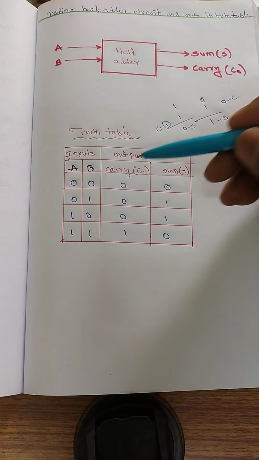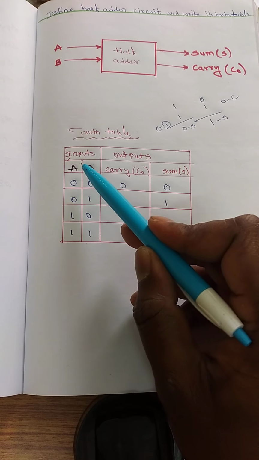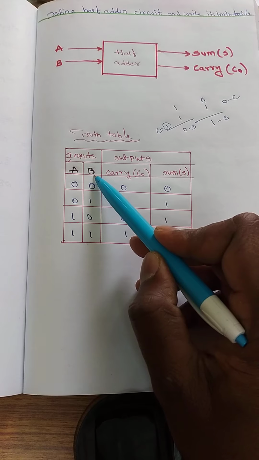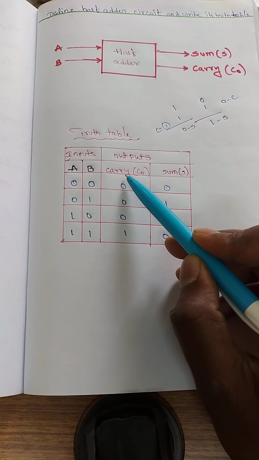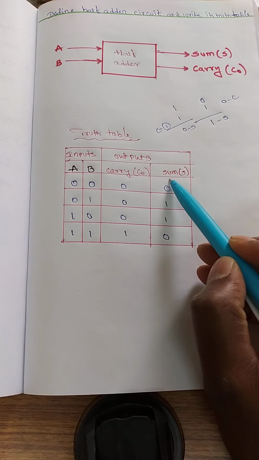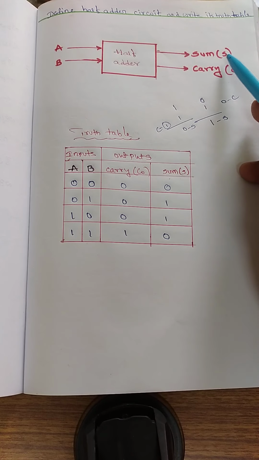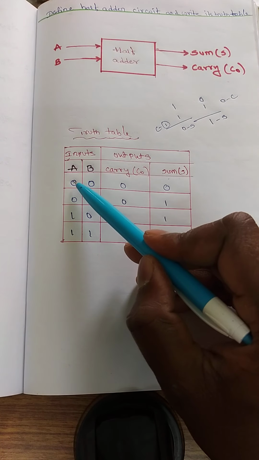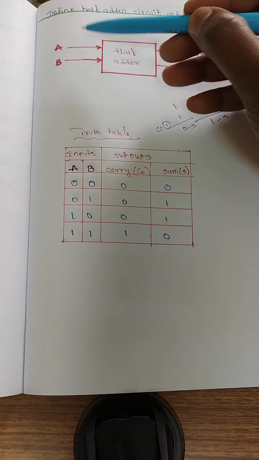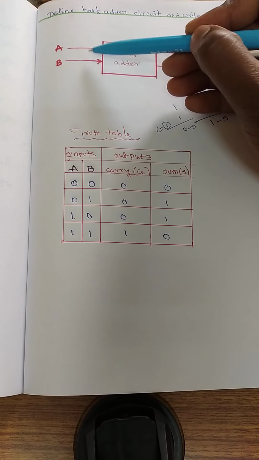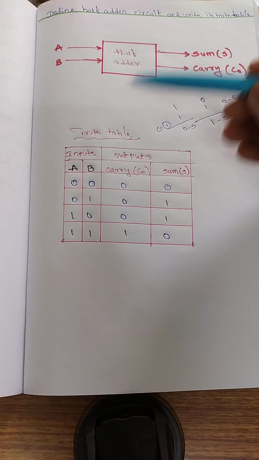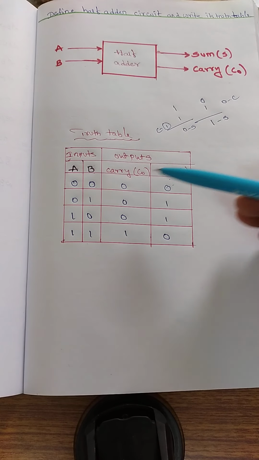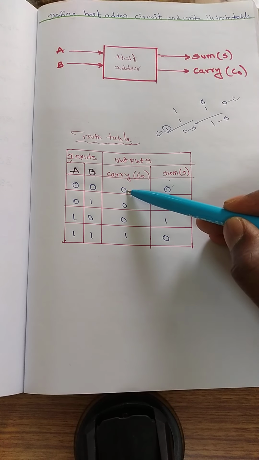Coming to the truth table, it consists of inputs A and B, 2 inputs, and outputs carry C0 and sum S. Suppose 2 bits 0 0 are given at A and B, then sum will be 0 and carry will be 0.